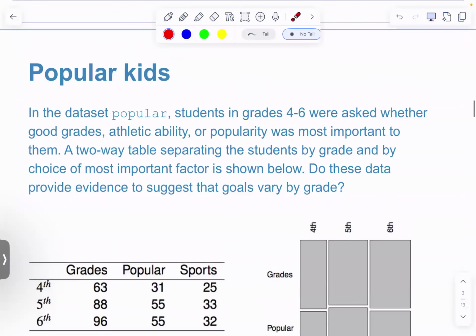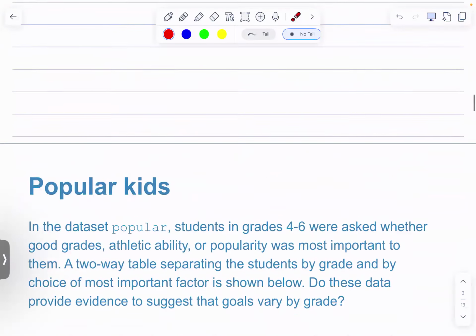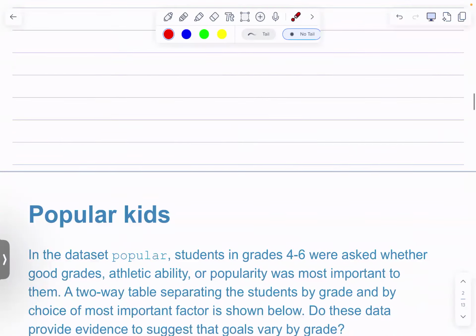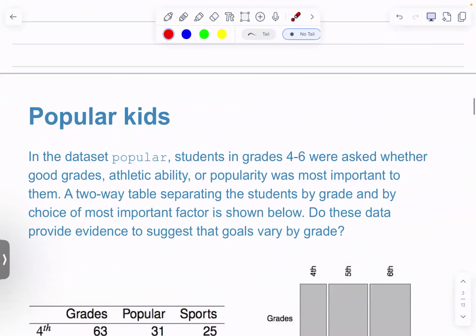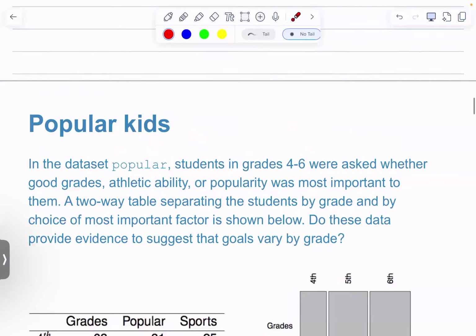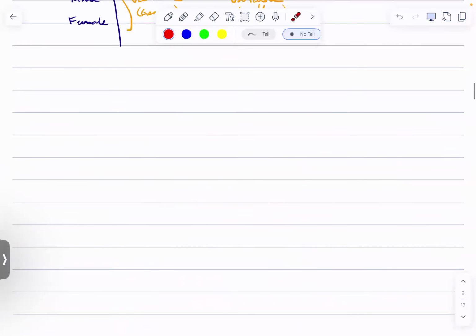Let's see here. I don't have candy today, but I do have a candy example to build off of the one that we built last day.